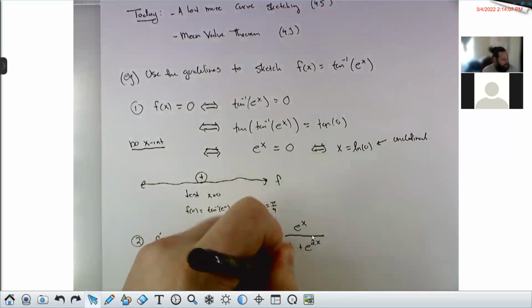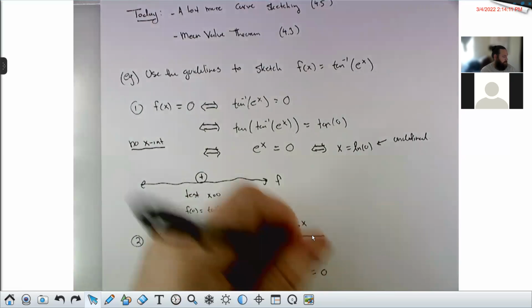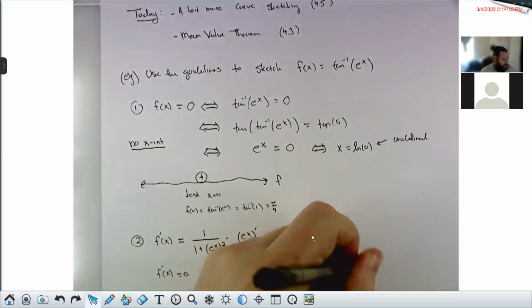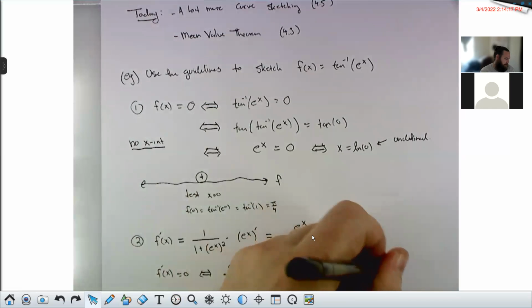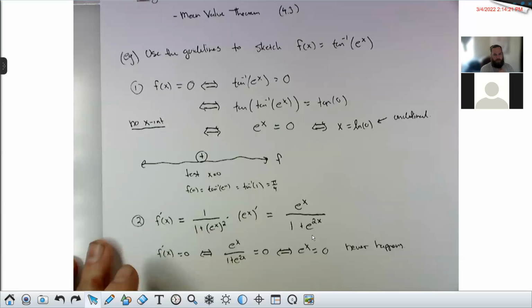And multiplying both sides by that denominator, you get e to the x equals 0. And we just said this never happens. So f prime is never going to be 0.